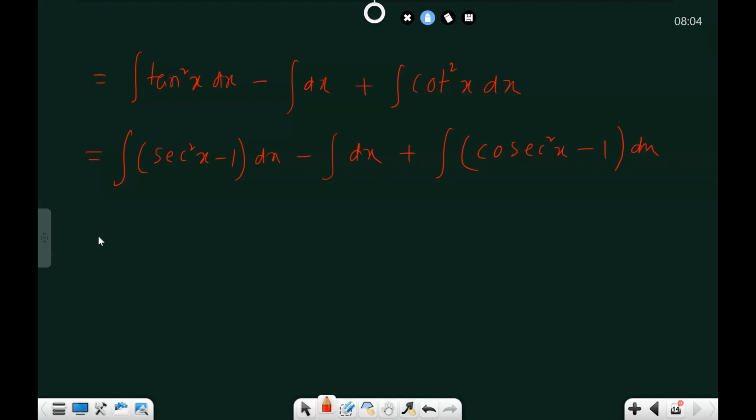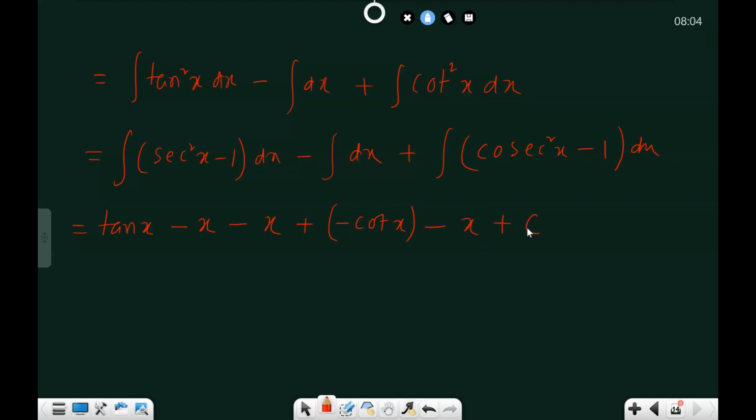Now take integration one by one. So integration of sec² is only tan x, minus integration of 1 dx is x, then minus integration of this dx is also x, plus integration of cosec² is minus cot x, then minus integration of 1 dx is x.